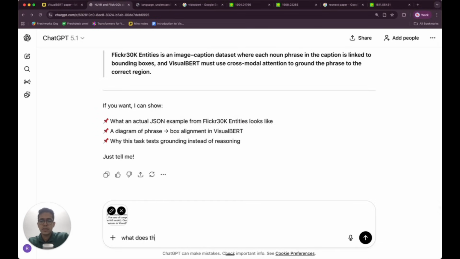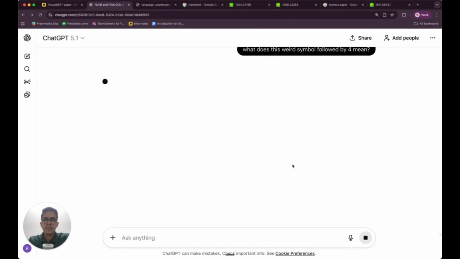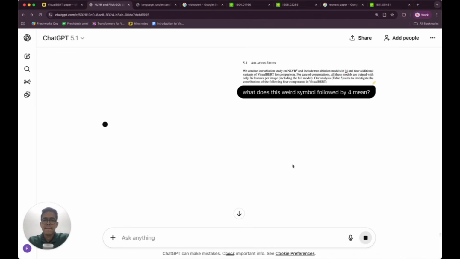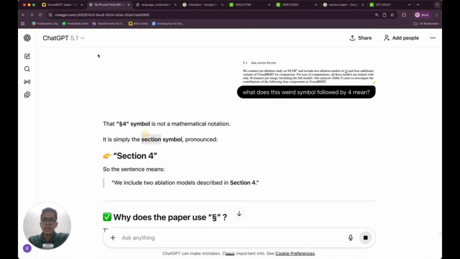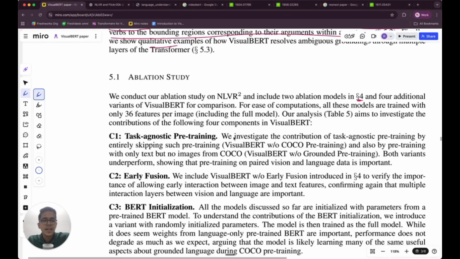What does this weird symbol followed by 4 mean? Not a mathematical notation. Okay, section symbol. All right. So it means section 4, 4 additional variants of VisualBERT for comparison.